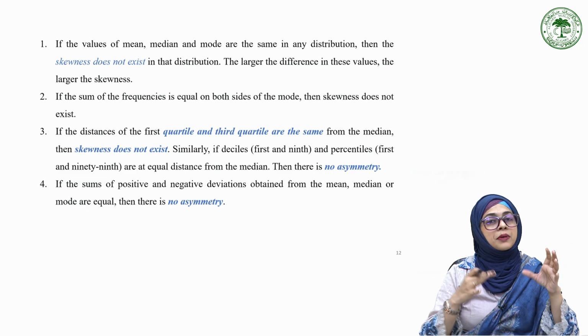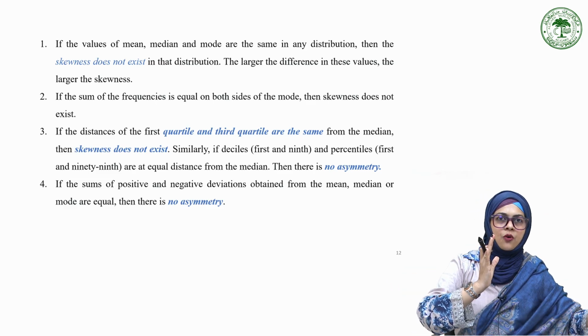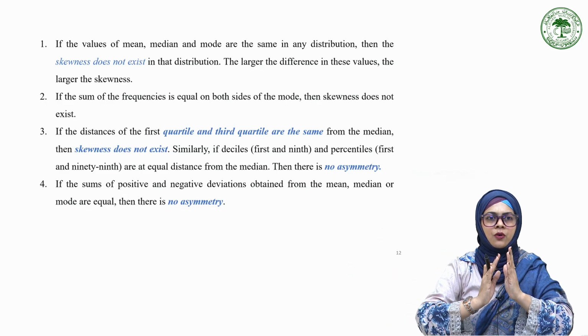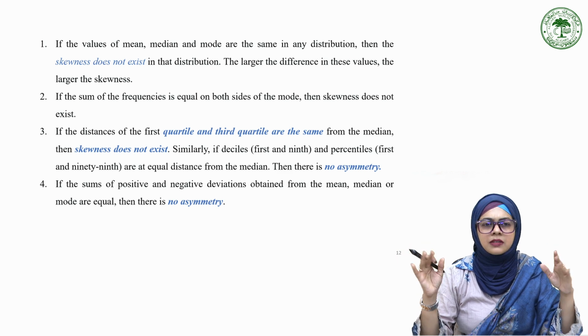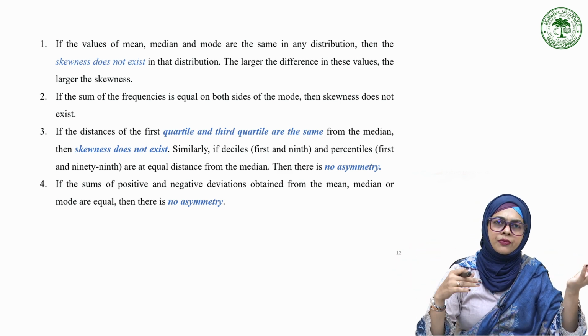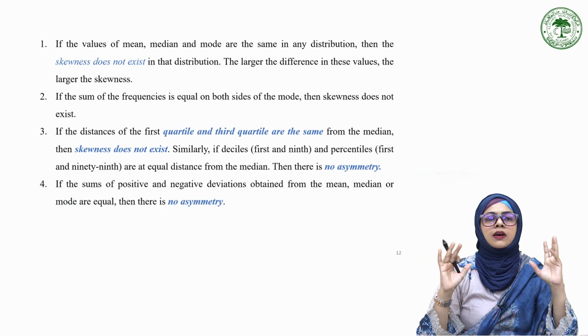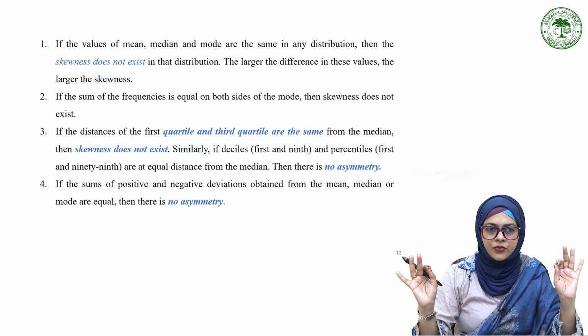Now, if the distances of the first quartile and the third quartile from the median are the same, and the median is what? The second quartile. So if the distance from the first quartile to the second quartile is the same as from the third quartile to the second quartile, that means there is no skewness in the NPC. The same with deciles. If you compare the first with the ninth, or the first with the 99th, and they are at equal distance from the median, then there is no asymmetry.